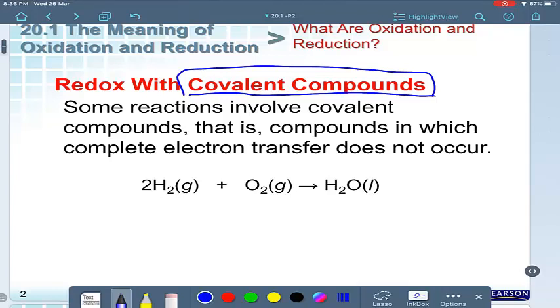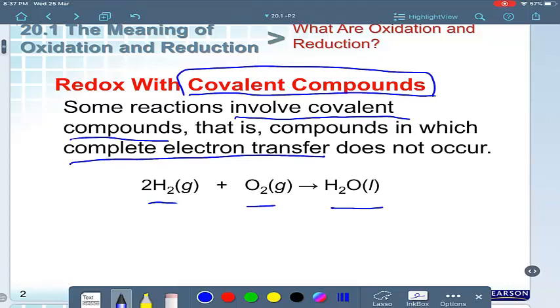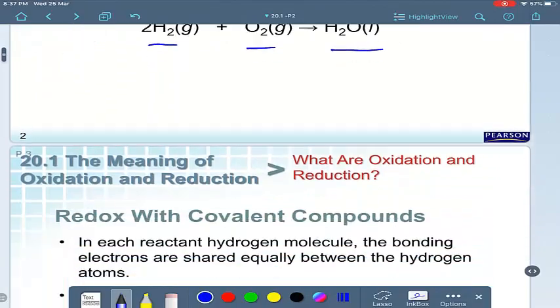So, the reactions containing molecules like hydrogen plus oxygen yield water vapor or liquid water, whatever. It involves covalent compounds here. So a covalent compound doesn't have a complete electron transfer, but partial transferring, or we can say sharing.